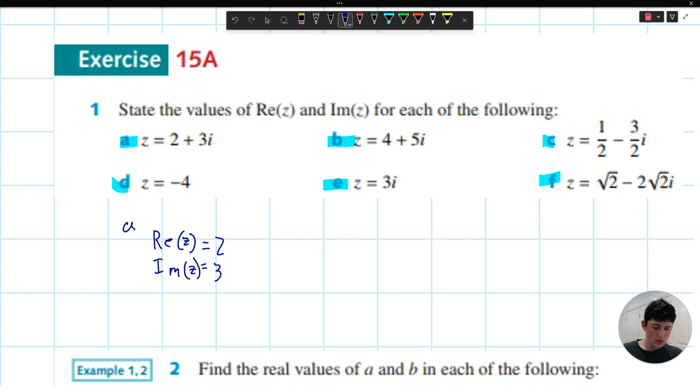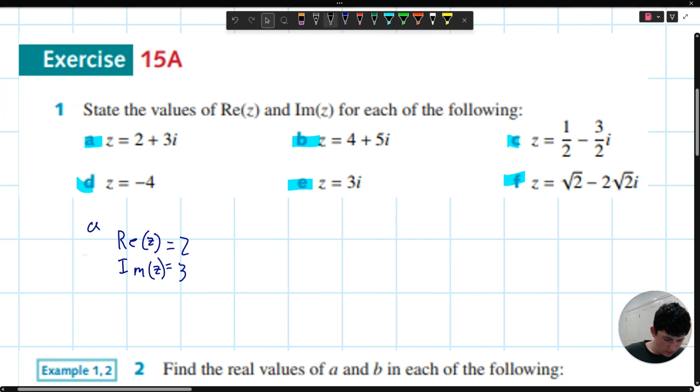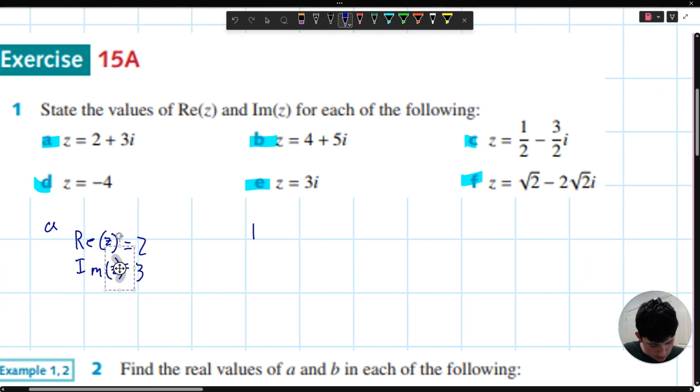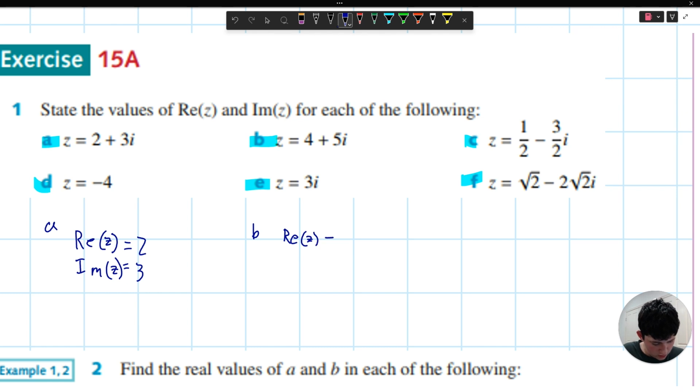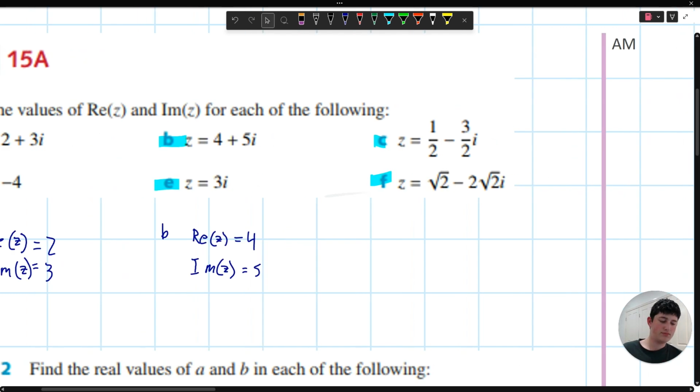You see that? Real equals 2, imaginary component equals 3. And for B, we do the same thing. Real of z is 4, and the imaginary component of z is 5.